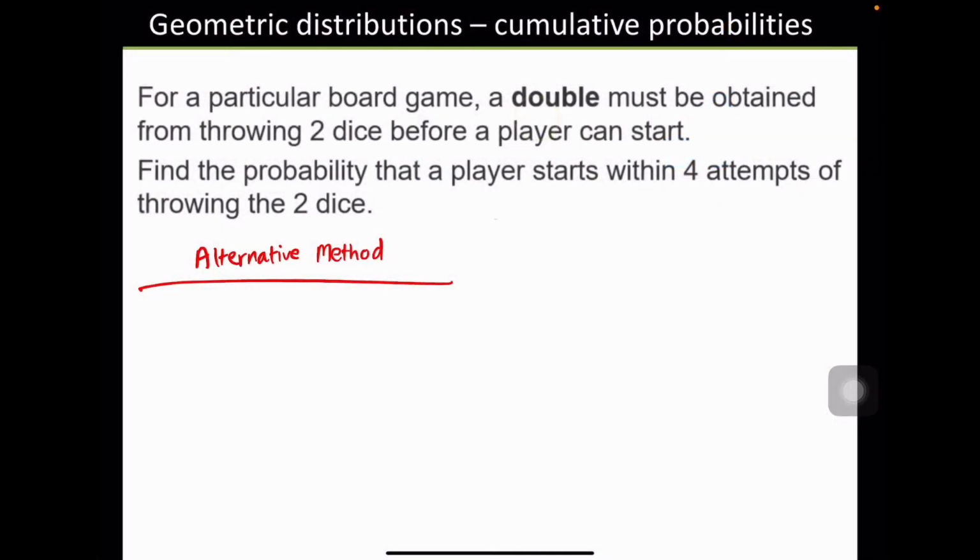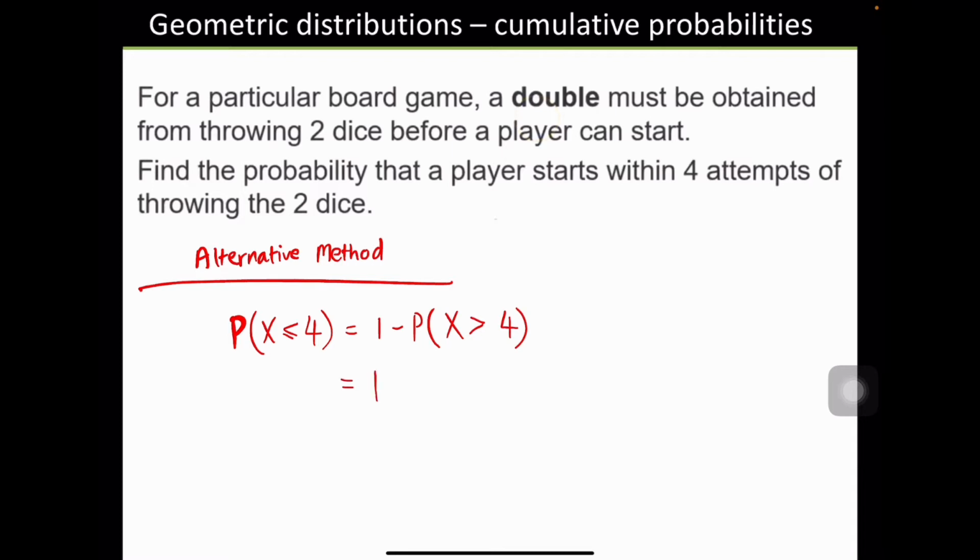Now I'm going to also show you a shorter method to work out the same question, to one of the questions we worked out together at the end of last week's live lesson. The probability that X is less than or equal to 4 is the same as 1 take away the probability that X is greater than 4.